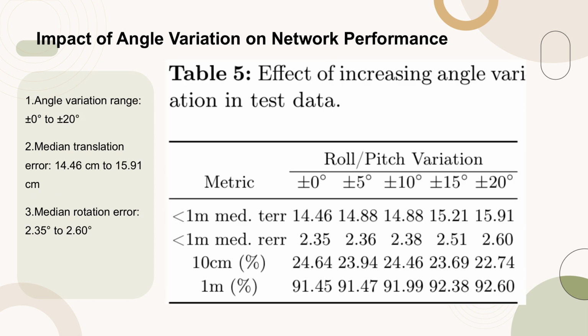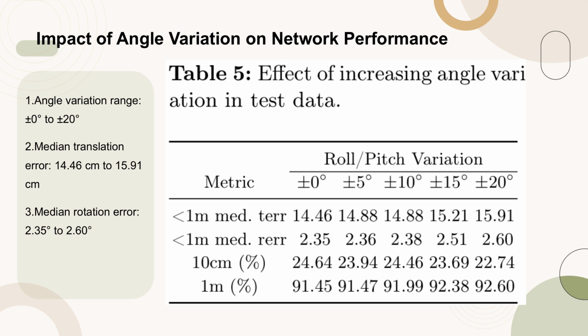Table 5 illustrates the effect of increasing angle variation in test data on the network's performance. As the range of roll and pitch angles in the test images increases from plus or minus 0 degrees to plus or minus 20 degrees, there is only a slight increase in median errors for both rotation and translation.